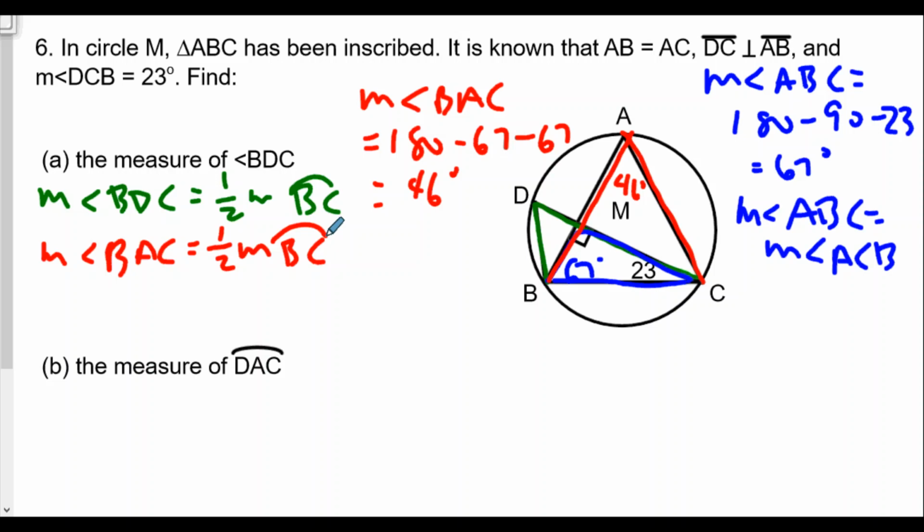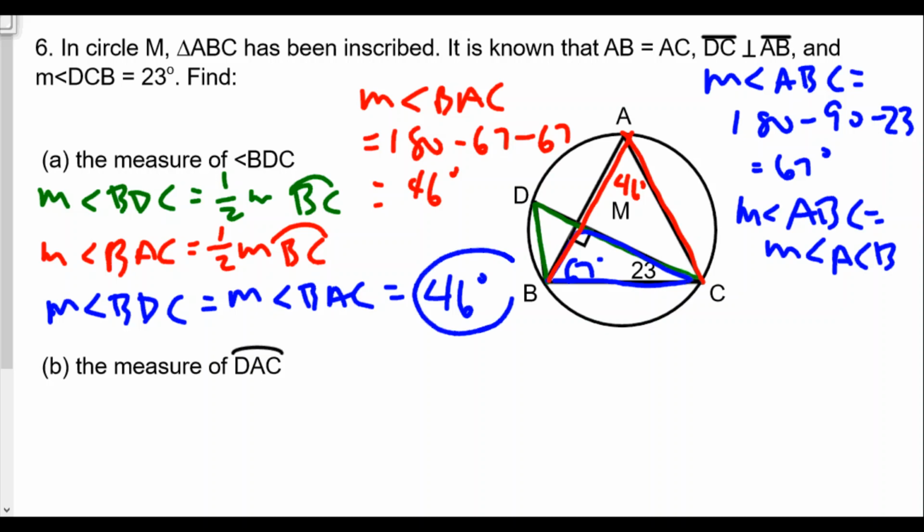But I already know what the measure of angle BAC is. So I can make this statement: if they're both equal to the same measure, then the measure of angle BDC equals the measure of angle BAC, and the reason would be substitution. A quantity can be substituted for its equal in any expression. And so we know that the measure of angle BDC will be equal to 46 degrees.